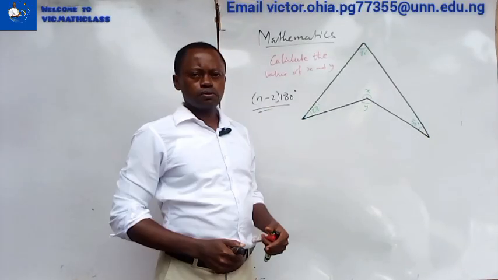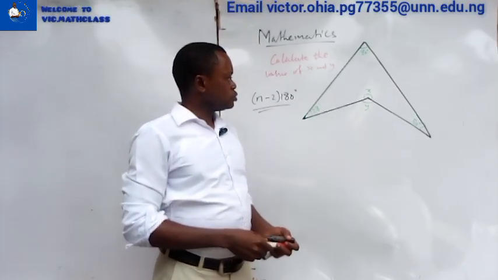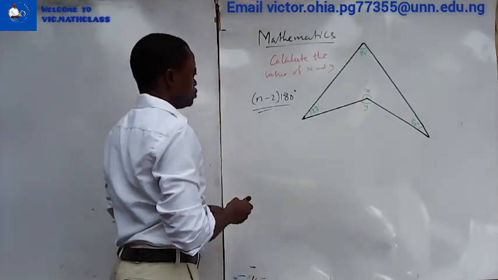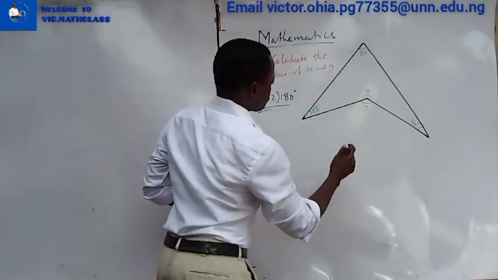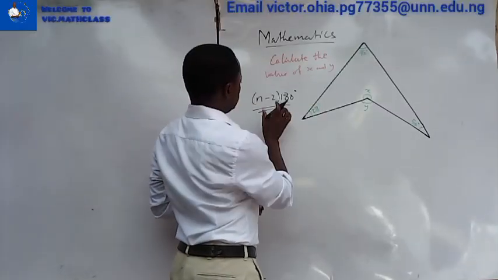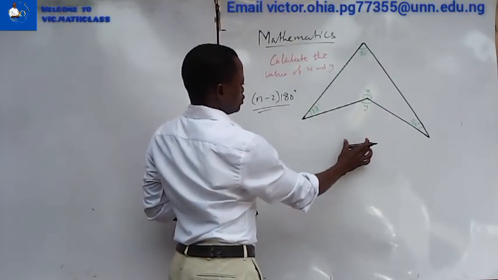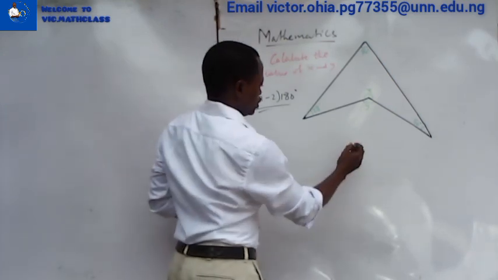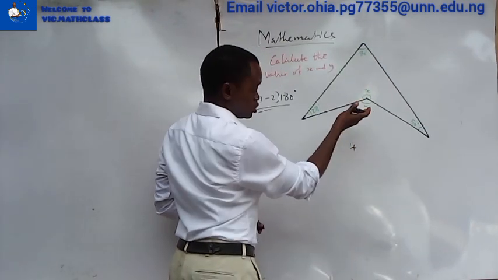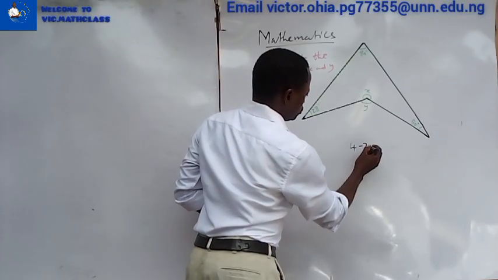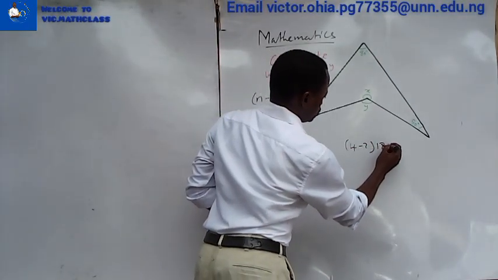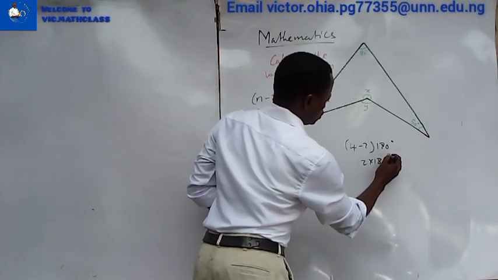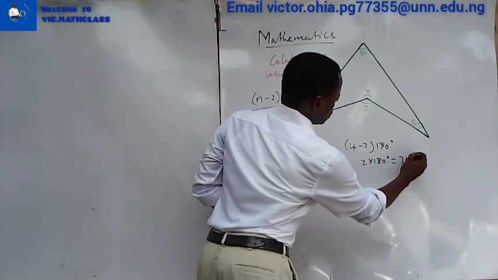Okay, so if you use this expression now, we can say, since this is a four-sided figure, that means the number of sides is 4. So we can have 4, of course it's a quadrilateral, minus 2 into 180 degrees. So this will give us 2 times 180 degrees. That will give us 360 degrees.